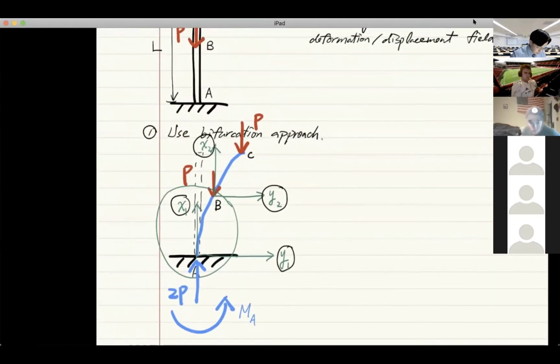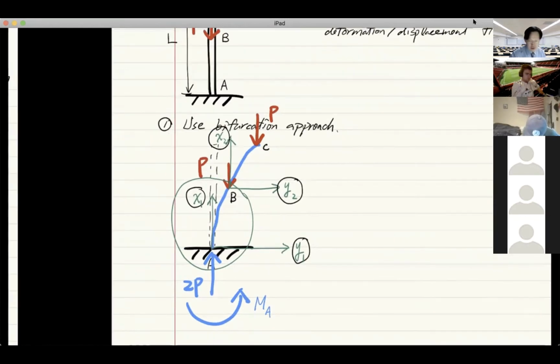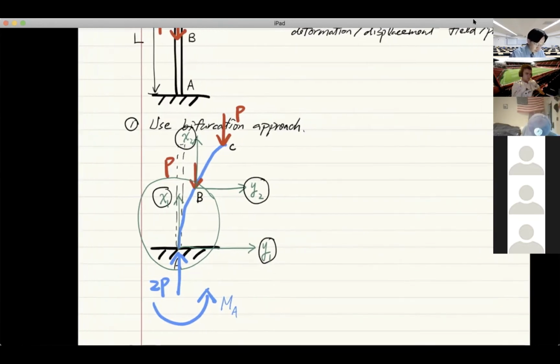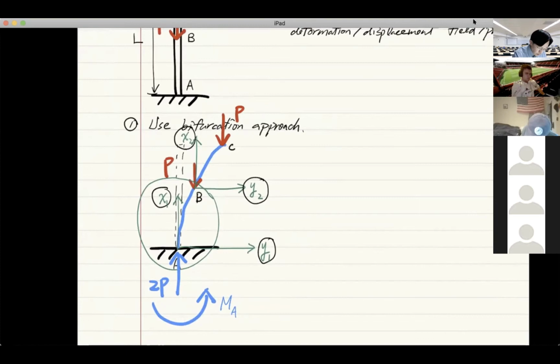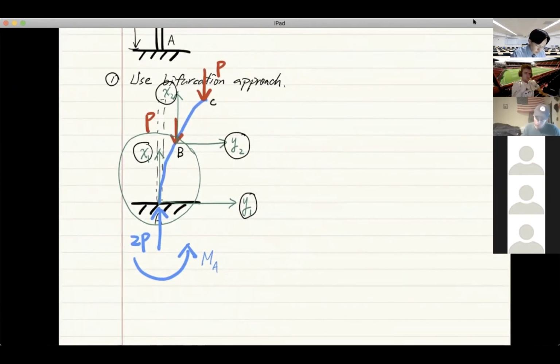Now, let's define the maximum deflection at point B as delta B, and the maximum deflection at point C as delta C. So for this profile, we can use another, cleaner configuration to define it.